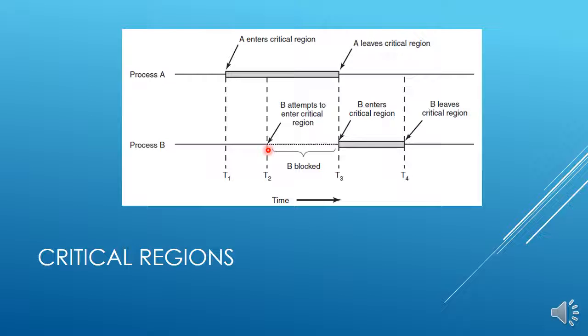Consequently, B is temporarily suspended until time t3, when A leaves its critical region. Eventually, we return to the original situation with no processes in their critical regions.